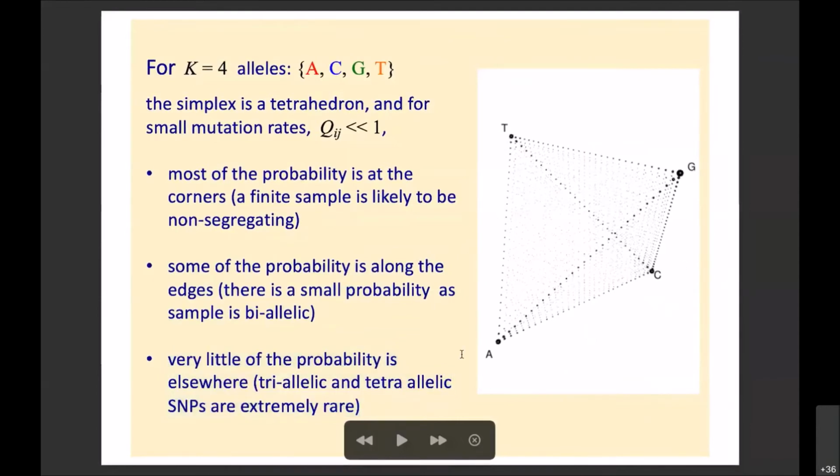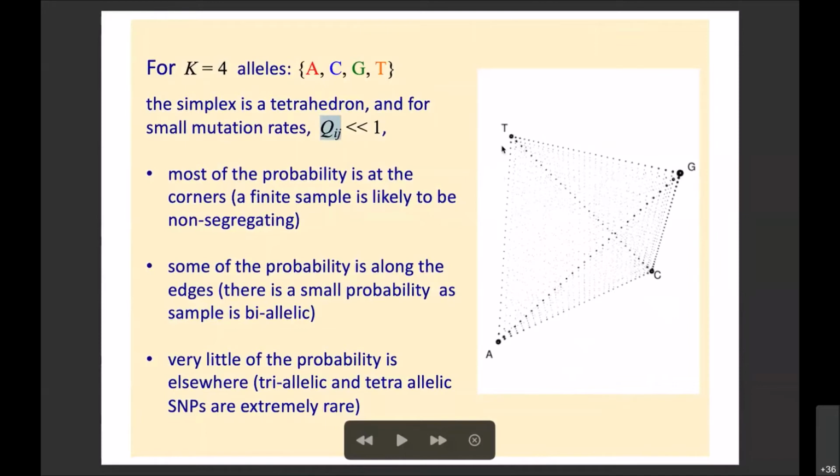So this gave us the hint that, yes, we can actually get a reasonable approximation to the solution of that forward Kolmogorov equation if the Q_ij's are very small. And the way you take the approximation is you just assume that all the probability is running along these line densities along the edges.